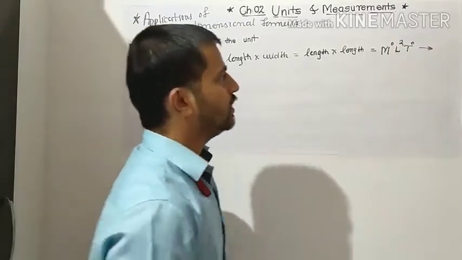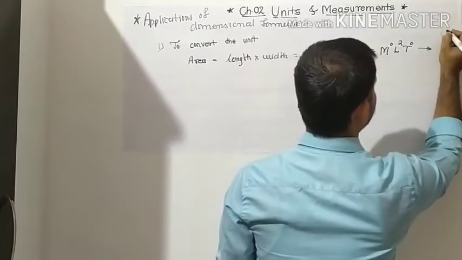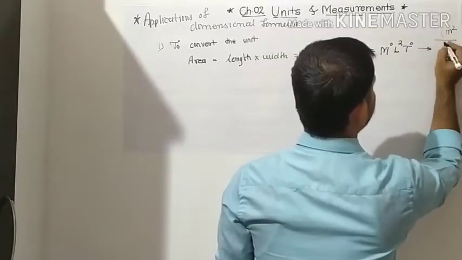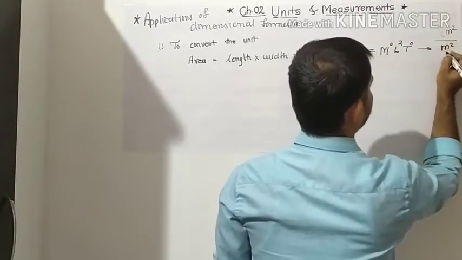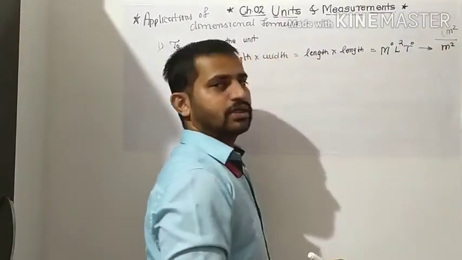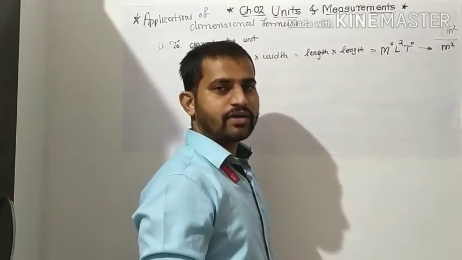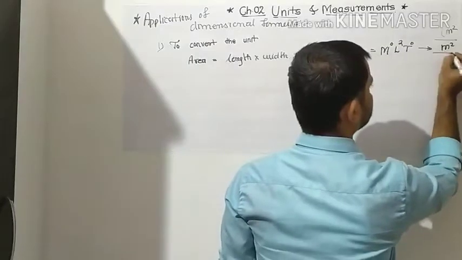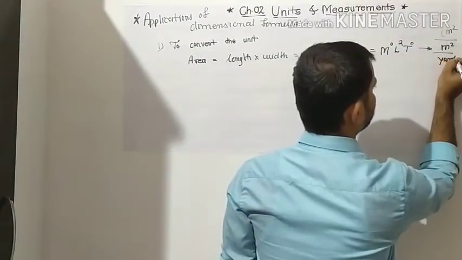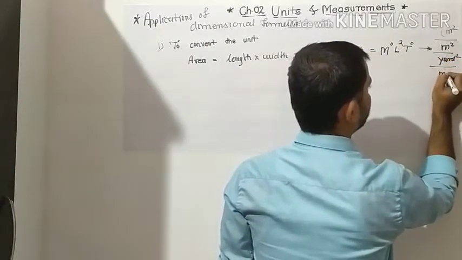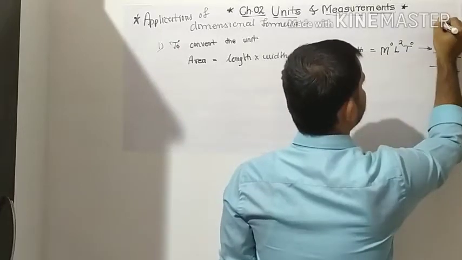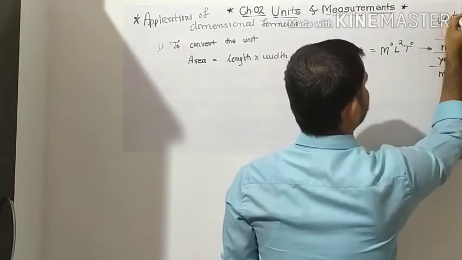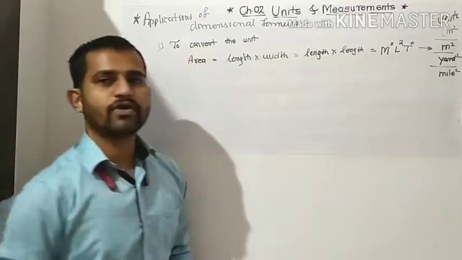The unit can be in CGS, then it will be centimeter square. If it is in MKS, it is meter square. If it is in SI, it is meter square. If it is yard into yard, then it will be yard square. If it is mile, then it will be mile square. So the units can be in any system. But what dimensional formula are we getting?